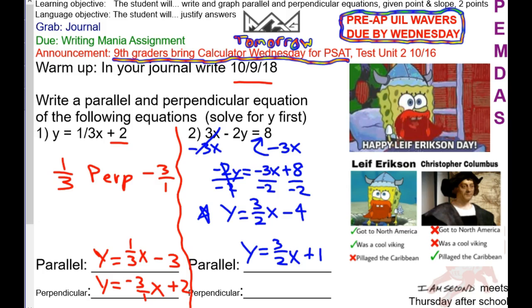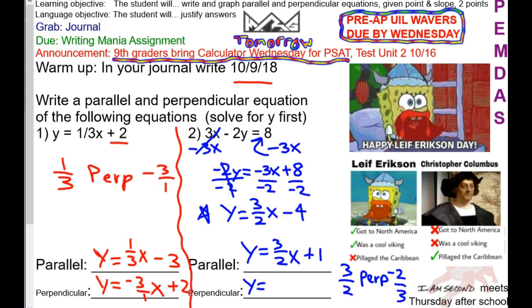Now for perpendicular, I'm going to write 3 over 2 is my original slope. And now here's the two changes, the sign change and the flip. So it's going to become -2 over 3. Positive to negative, 3 over 2 flips to 2 over 3. So let's write that.